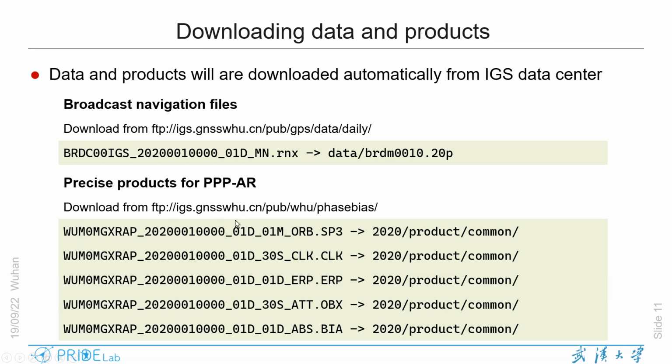These products are the precise orbit, SP3, the precise clocks, CLK, the Earth rotation parameters, ERP, the attitude quaternions, namely in the OBX format, and the signal biases, BIA. They will be moved into the products directory after the downloading is finished.